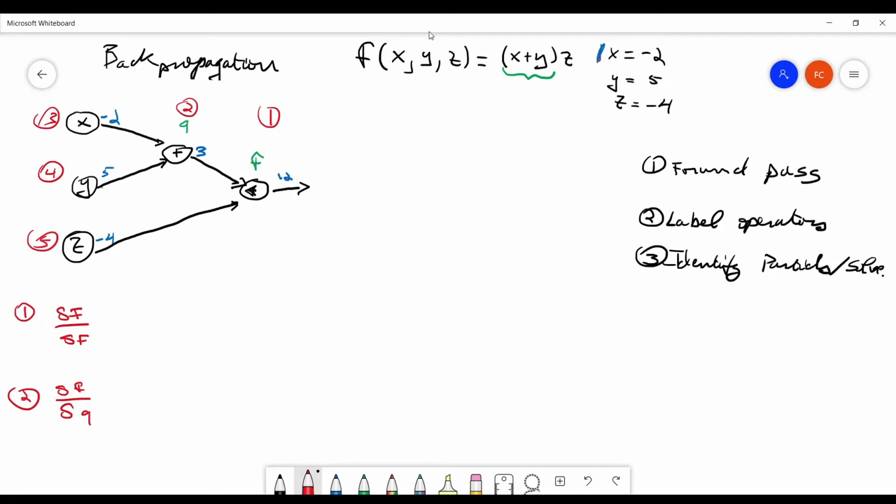The third is partial f with partial x. The fourth is partial f with partial y. And the fifth is partial f with partial z. It looks kind of scary right now, but I promise it's really not that big of a deal. We're just doing very, very basic operations.